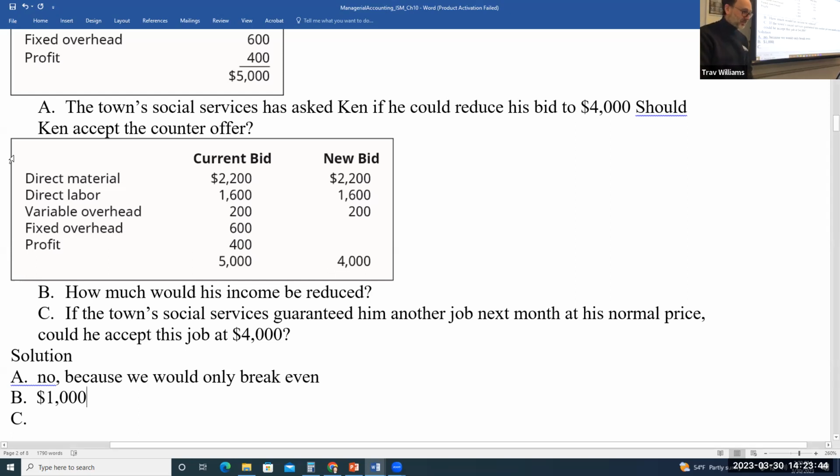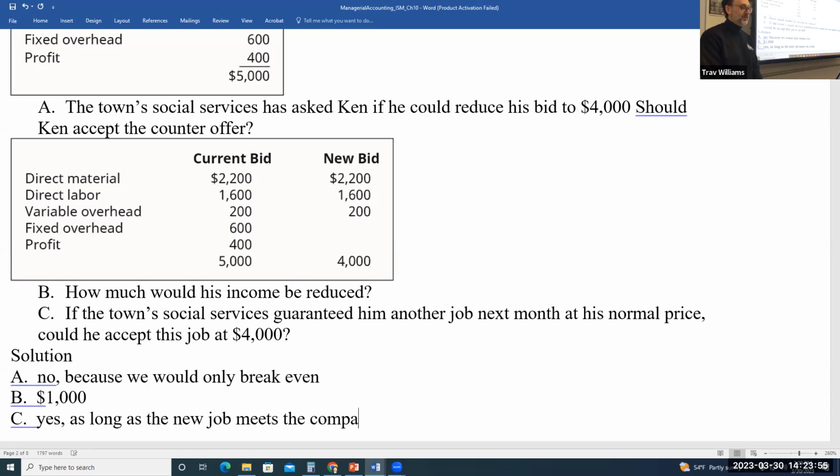So the answer would be yes, as long as the new job meets the company's profit expectations. And a lot of times companies will be willing to do work at break even or even a loss if it's going to mean more work in the future that will meet their expectations.